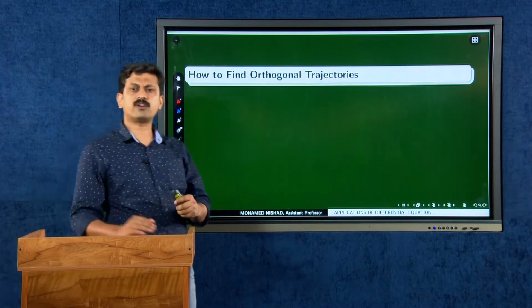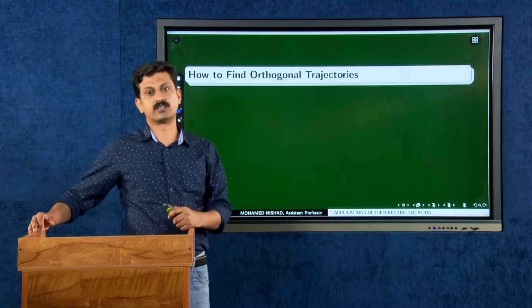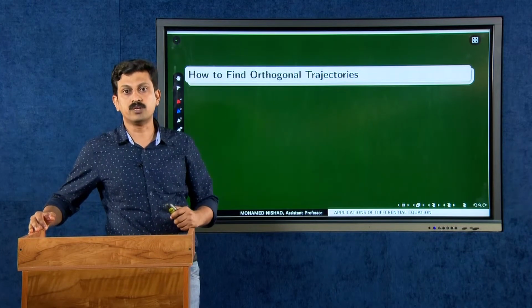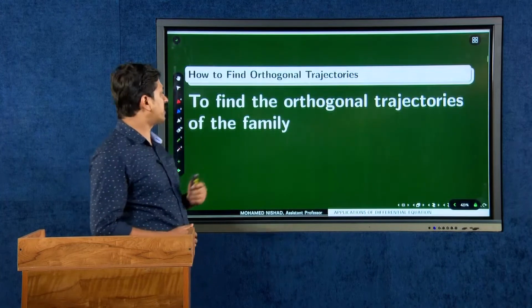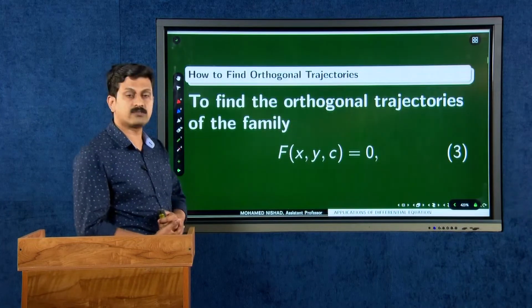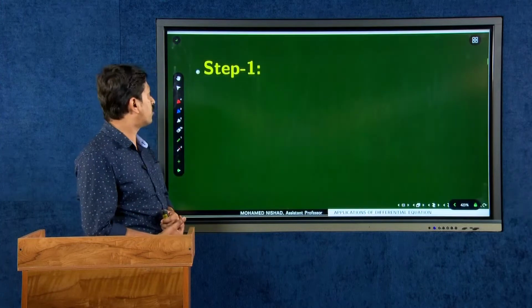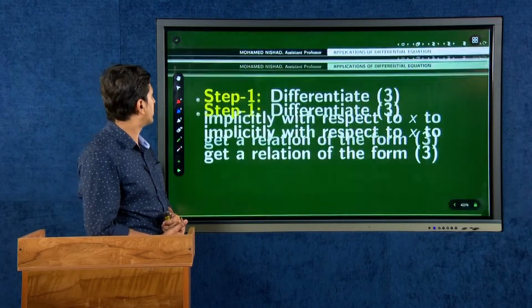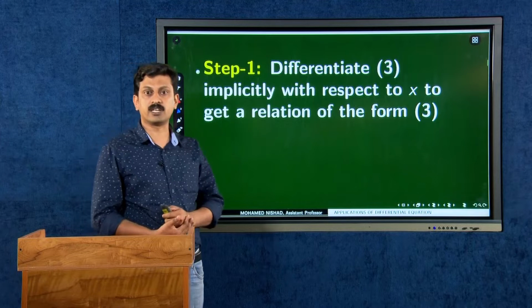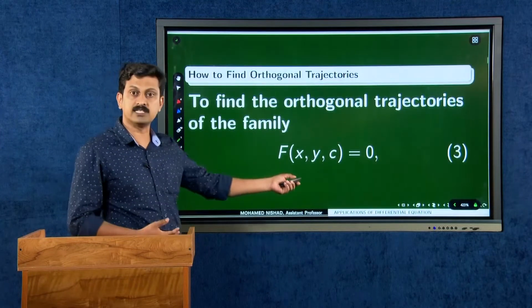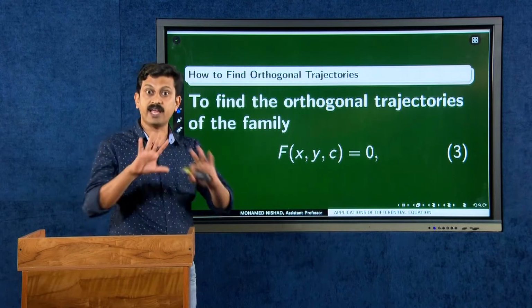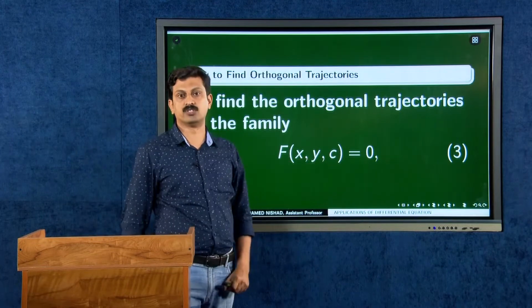Our question is how we can find the orthogonal trajectories, by using the concept of the first order derivative. To find the orthogonal trajectories of the family of curves f of x, y, c equal to 0, in step 1 we differentiate the given equation. Here we have equation 3, the curve in the plane, f of x, y, c equal to 0.